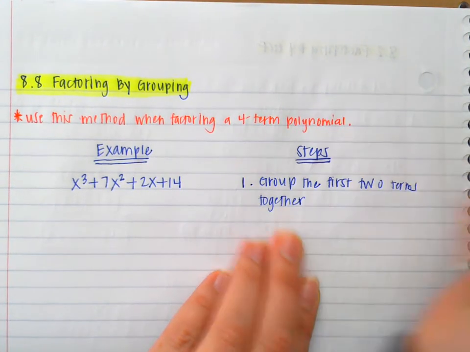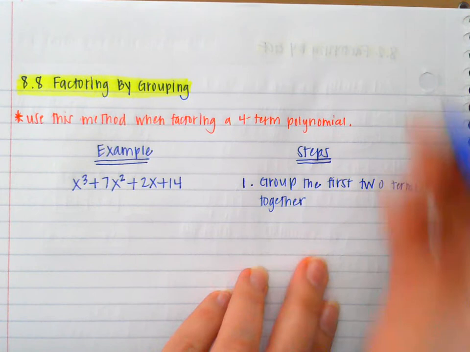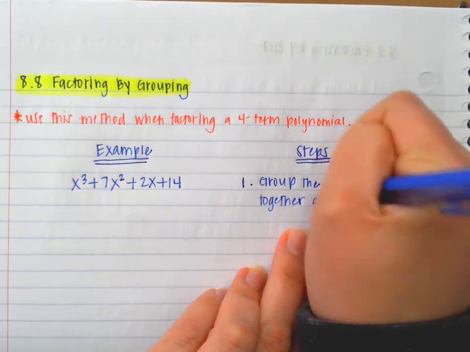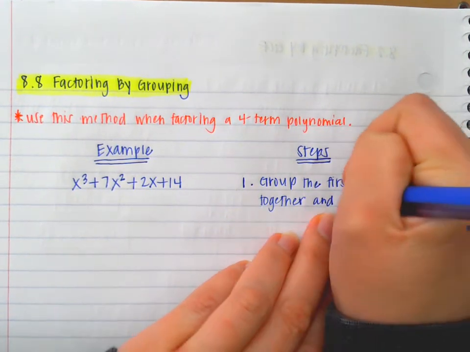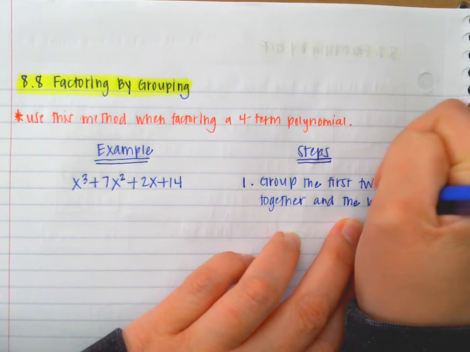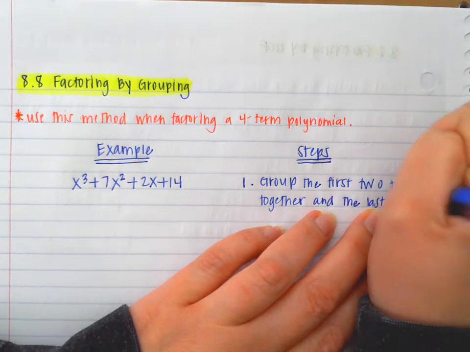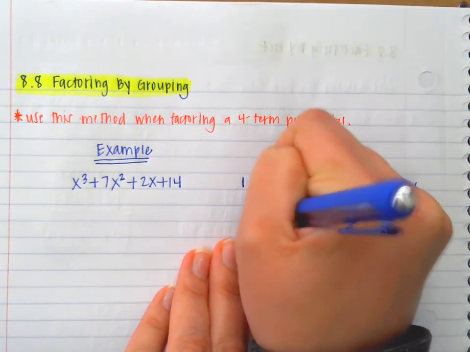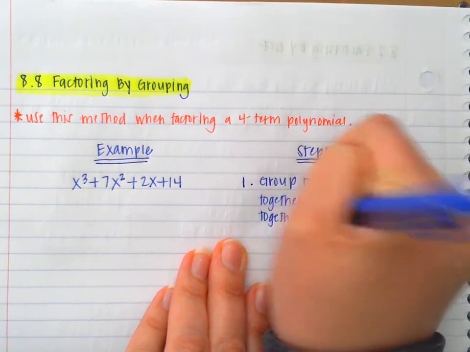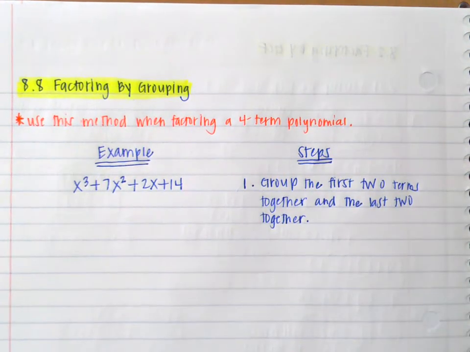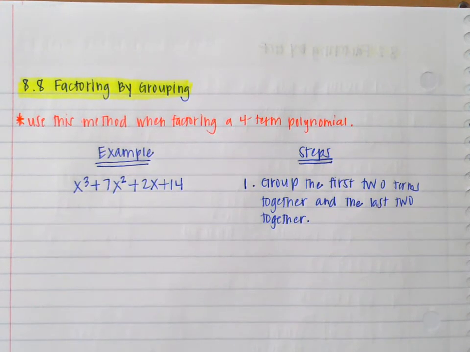Oh, I can't spell. Okay. Group the first 2 terms together and the last 2 terms together. So we're almost separating it, but not really separating it. All that means is to group the first 2 terms together and the last 2 terms together.